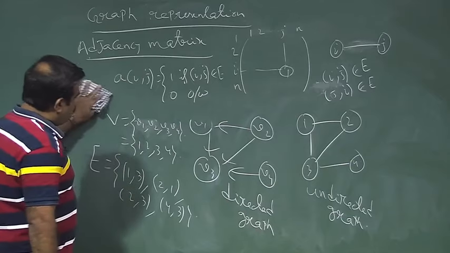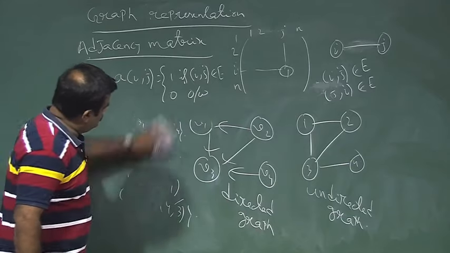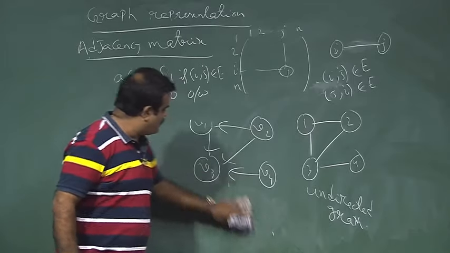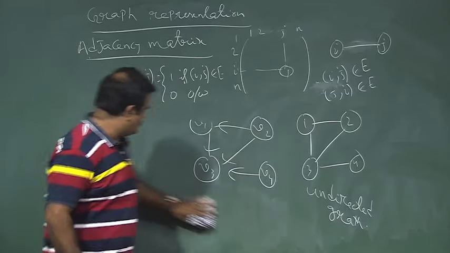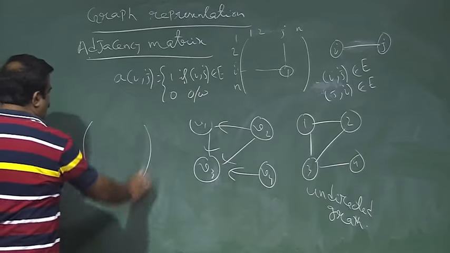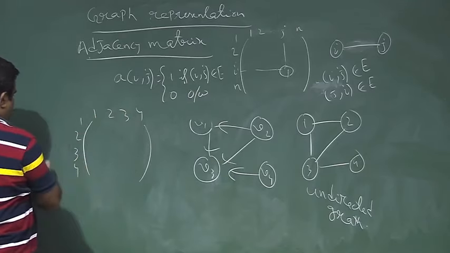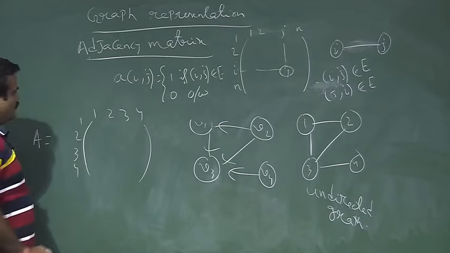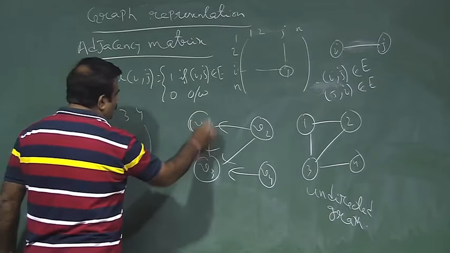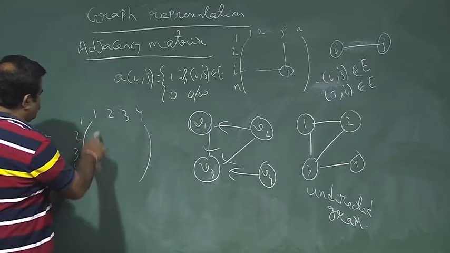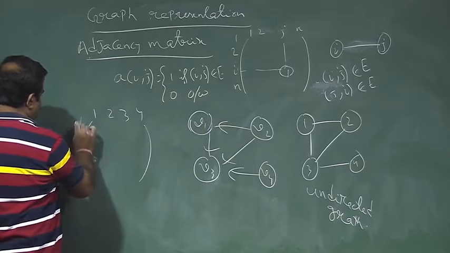So, for this graph, what is the adjacency matrix? There are 4 vertices, so the size of the matrix will be 4 by 4, with rows and columns 1 2 3 4. From 1, there is no edge, so this is 0.